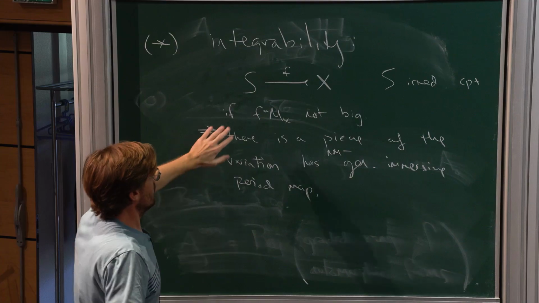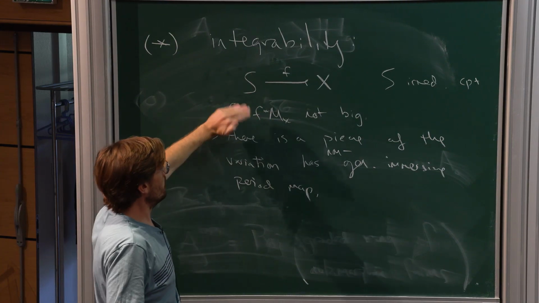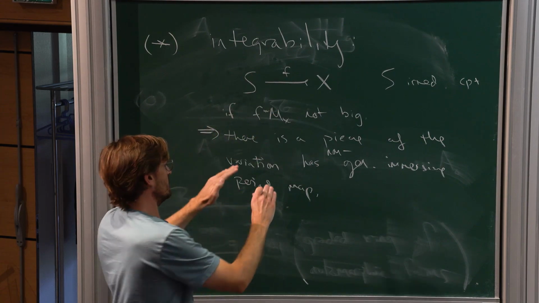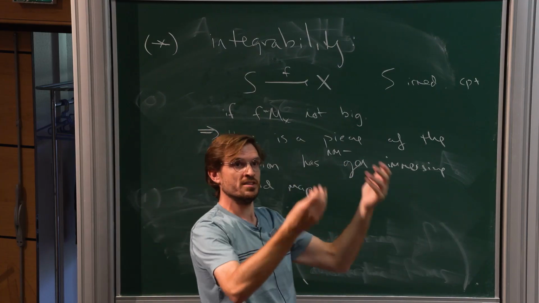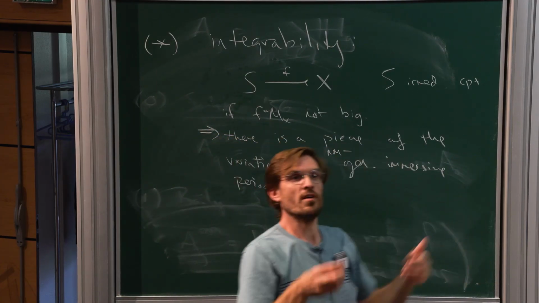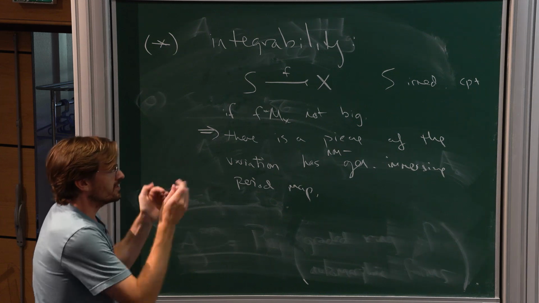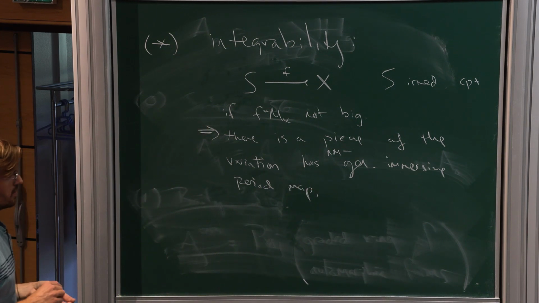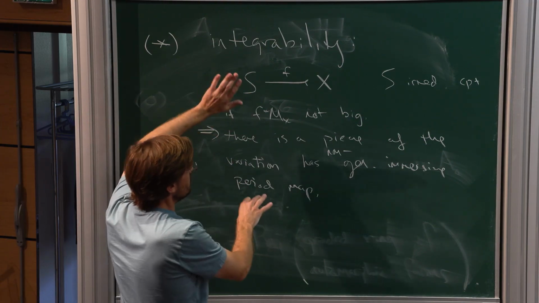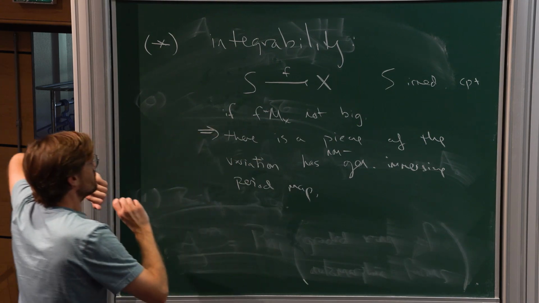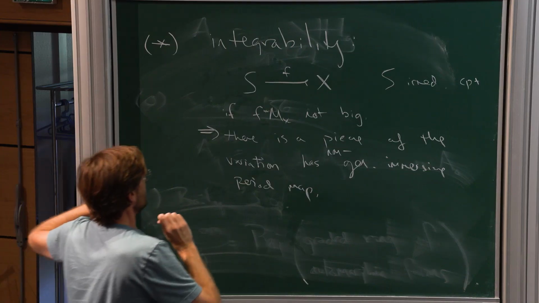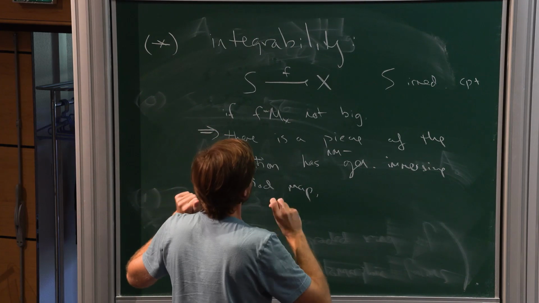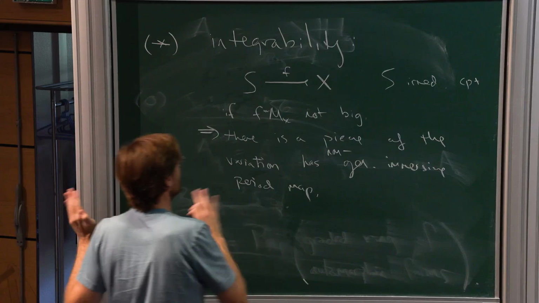So I see the question now. Everybody's proper here, but importantly, we're letting S go into the boundary. So when I say a piece of the variation, I'm implicitly saying associated gradeds. Some piece of the associated graded variation has generically immersive period map. Perhaps I made the mistake of stating it both not precisely enough and too precisely.